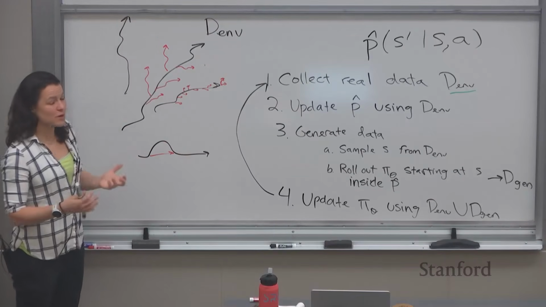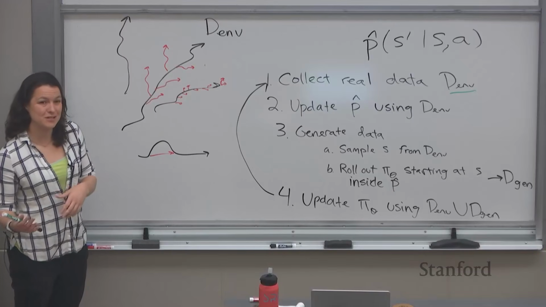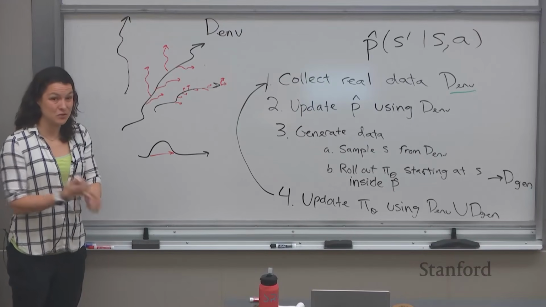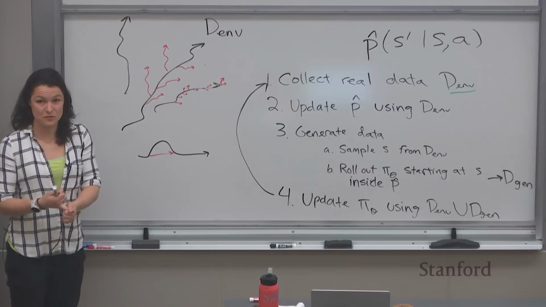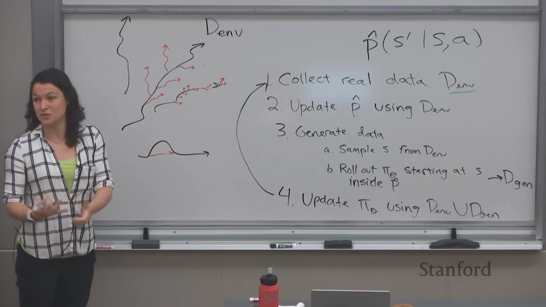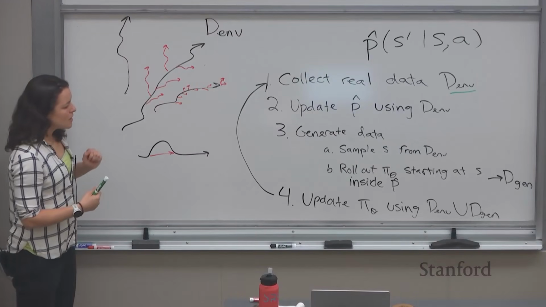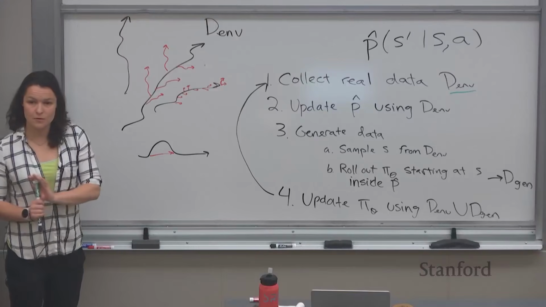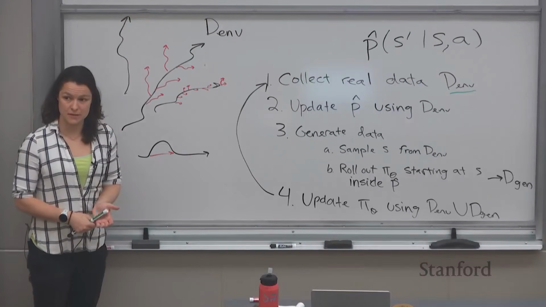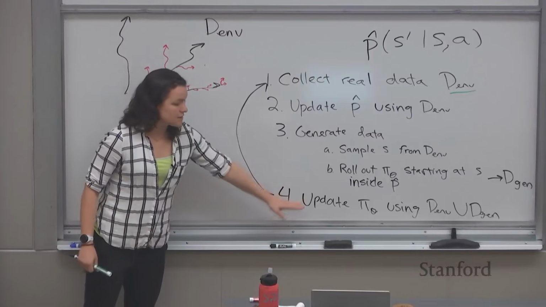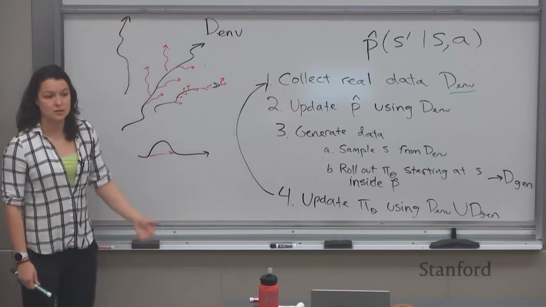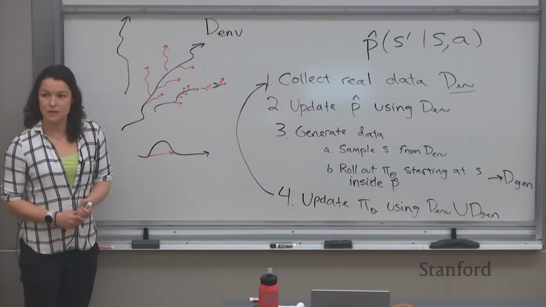One of the reasons that trade-off is often favorable is that collecting online data in the real environment might be unsafe, or really expensive if you have to run experiments on physical equipment. Unlike planning, however, this is not more compute intensive at test time, because you're using the synthetic data to update a policy, and then at test time you're running that policy as your final behavior.